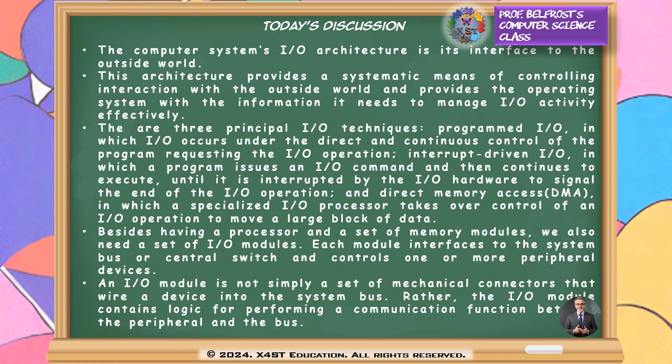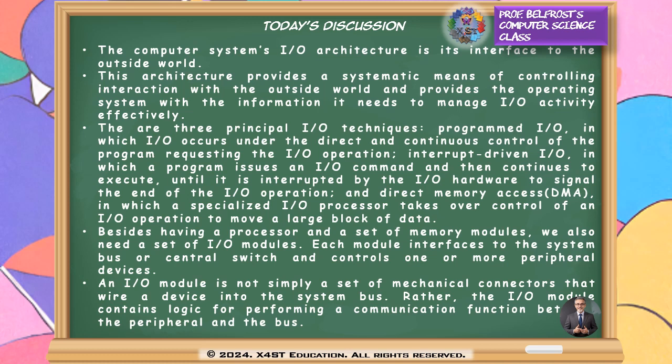First, programmed I/O, in which I/O occurs under the direct and continuous control of the program requesting the I/O operation. The second one is interrupt-driven I/O, in which a program issues an I/O command and then continues to execute until it's interrupted by the I/O hardware to signal the end of the I/O operation. And the third is direct memory access, the DMA, in which a specialized I/O processor takes over control of an I/O operation to move a large block of data.